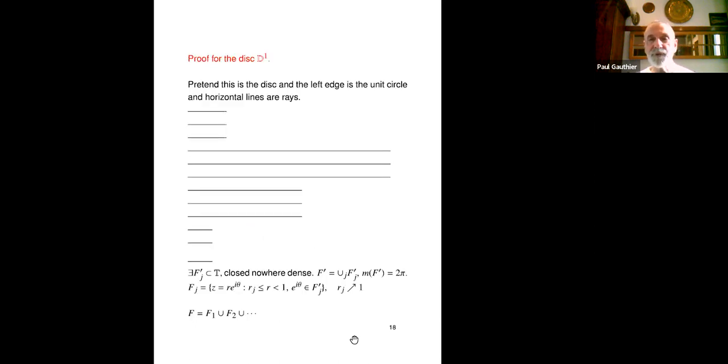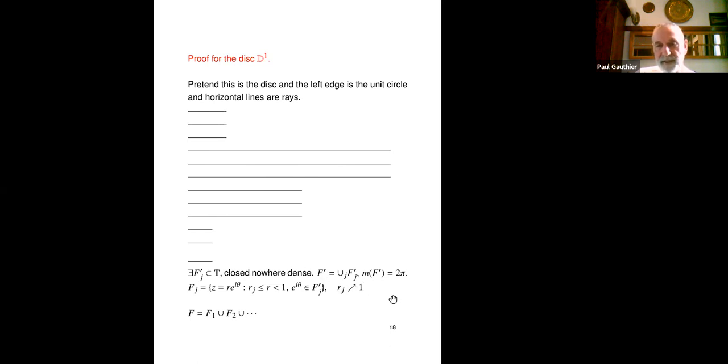For a proof for the unit disk, I wasn't able to draw a circle. So pretend that the disk is this rectangle, the sheet of paper, and that the left edge is the unit circle, and that the horizontal lines here are rays. Then if we have a parameter set F prime on the unit circle, it's a countable union of closed nowhere dense sets.